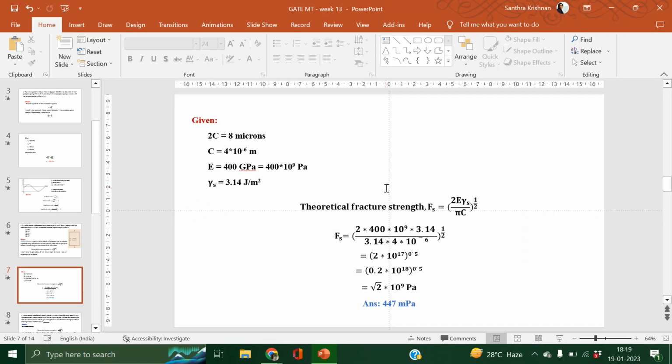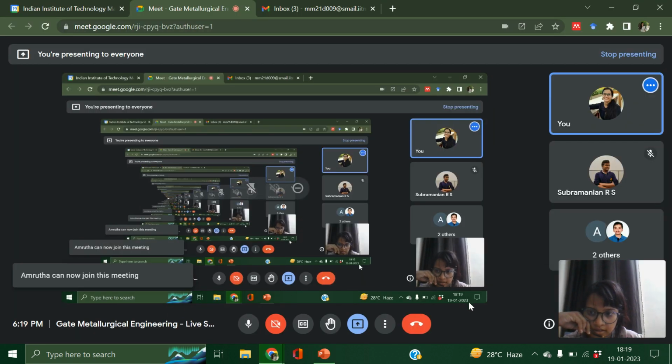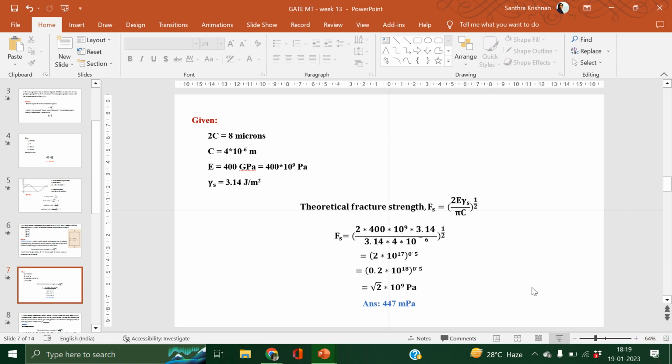Okay. So, given that 2c is 8 microns, that is 8 μm, we have to convert. Somebody joined, I think. Okay. So, given to us 2c is equal to 8 microns, therefore c will be half of 8 microns. Since it is given that it is an internal crack, whatever we are substituting in the equation will be half of it.